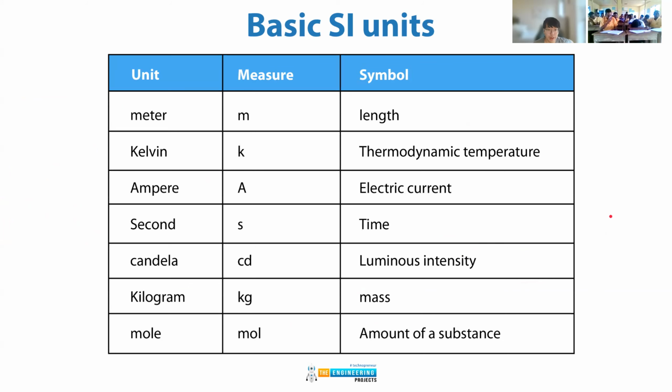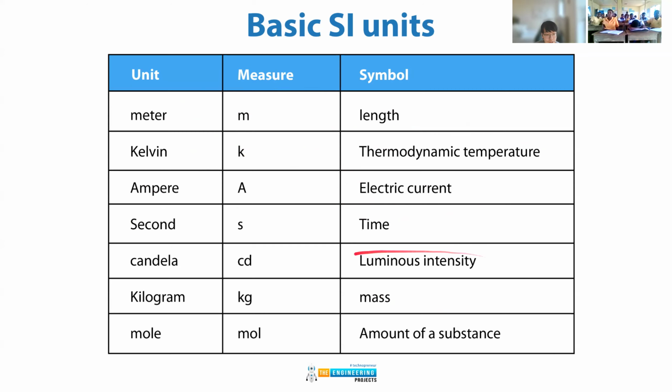These are all the basic SI units. So the basic unit for length is a meter. You can just write m for the symbol. And the basic unit for temperature is Kelvin, written K. The basic unit of electric current is ampere, A. For time, it is second.